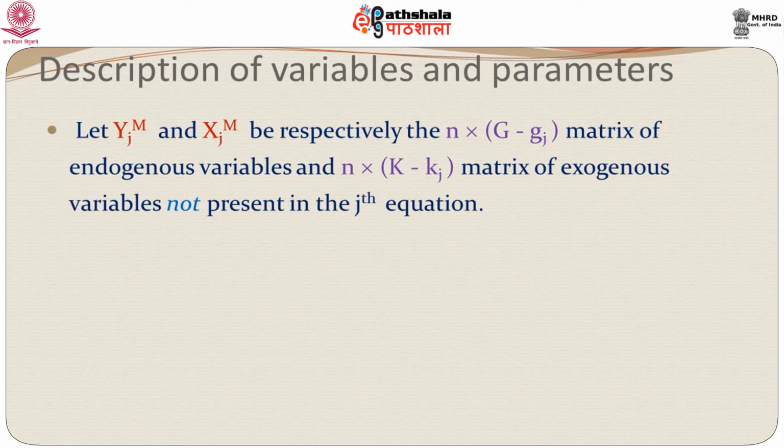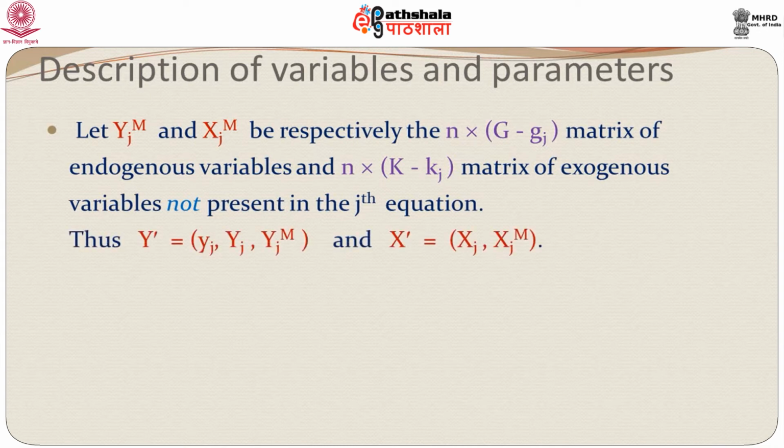So, if you look at the original y of capital G endogenous variables, we can partition this into 3 components. One is the jth response variable, in this case the jth endogenous variable yj, small yj.